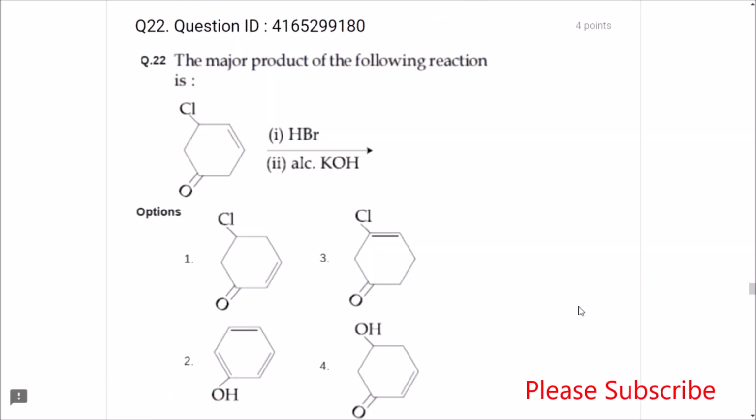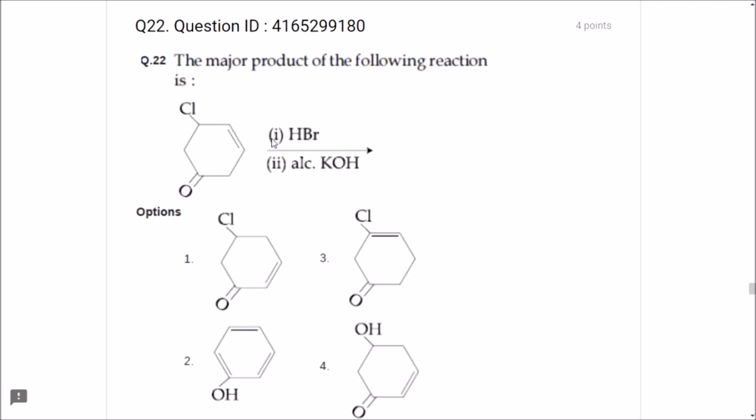Next, question number 22. The major product of the following reaction is, what is the reaction? HBr, bromination, then alcoholic KOH. This is the compound having keto group, double bond and chlorine on cyclohexane. Let us see the reaction. HBr, bromination. This is double bond bromination.